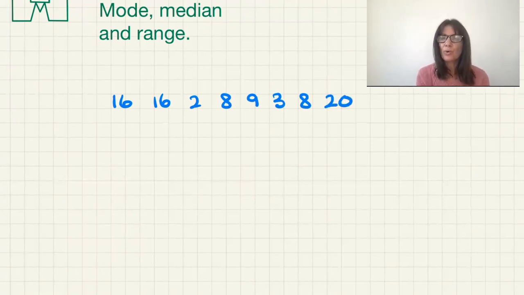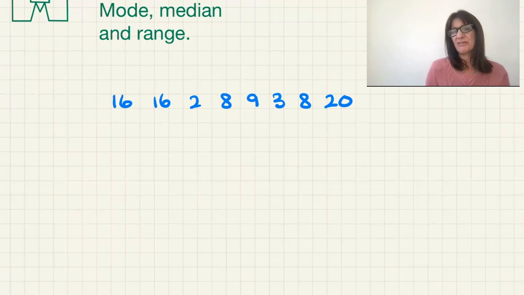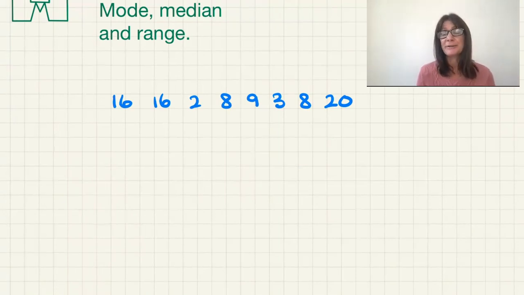So pause and have a go again at finding all 3. If you're not sure about anything, just go with your best guess. Don't panic and start hitting play and watching what's going to happen. Just go for it first, because it doesn't matter if you go wrong. It's how we learn.